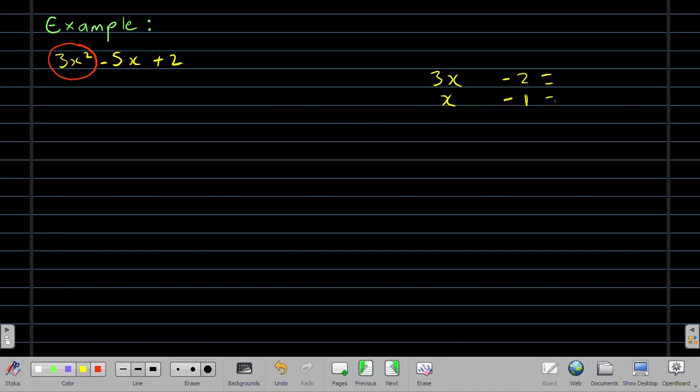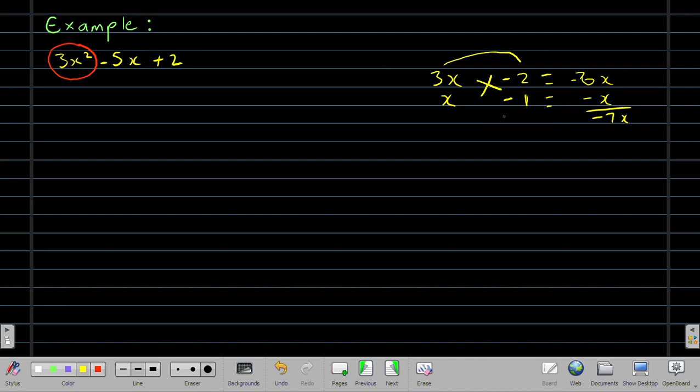Another thing that's different from the previous chapter is that when you're multiplying here, you might have to try different combinations of multiplication. So we can start off by multiplying 3x and minus 2, which will give us minus 6x. Then we multiply x times minus 1, which gives us minus x, and this gives us minus 7x. This doesn't work.